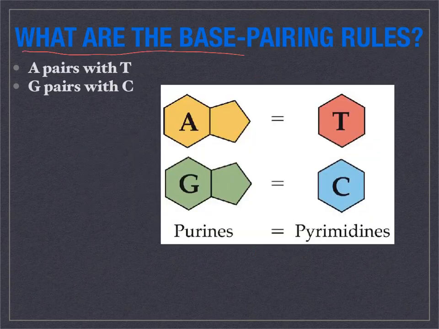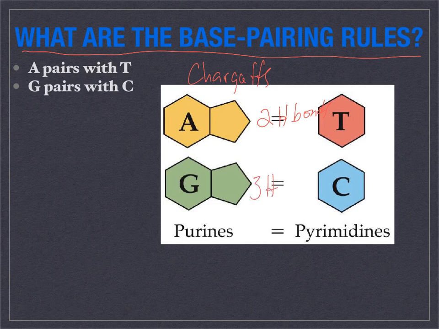So what are the base pairing rules? Remember the base pairing rules, or Chargaff's rules, are adenine is going to bond with thymine. It's going to form 2 hydrogen bonds between adenine and thymine. And guanine is going to bond with cytosine, and they will be held together by 3 hydrogen bonds.